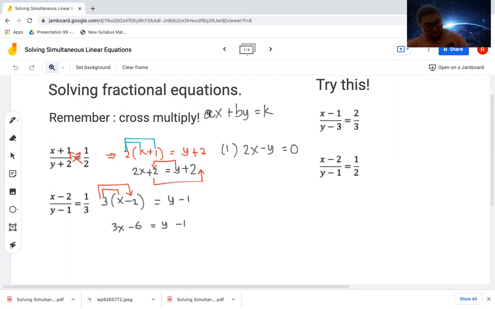So again, the y goes to this side, and then the negative 6 goes to that side, giving you a new format of equation number 2 as 3x minus y is equivalent to 5.